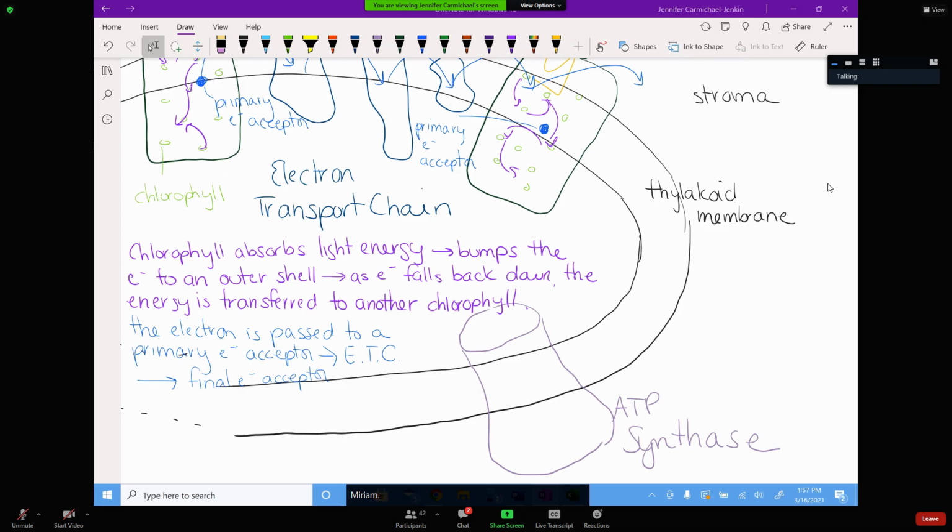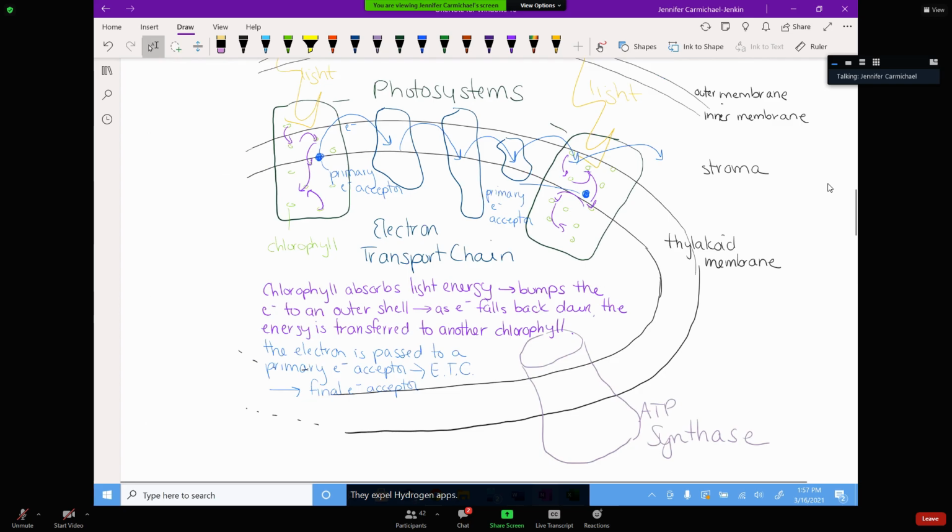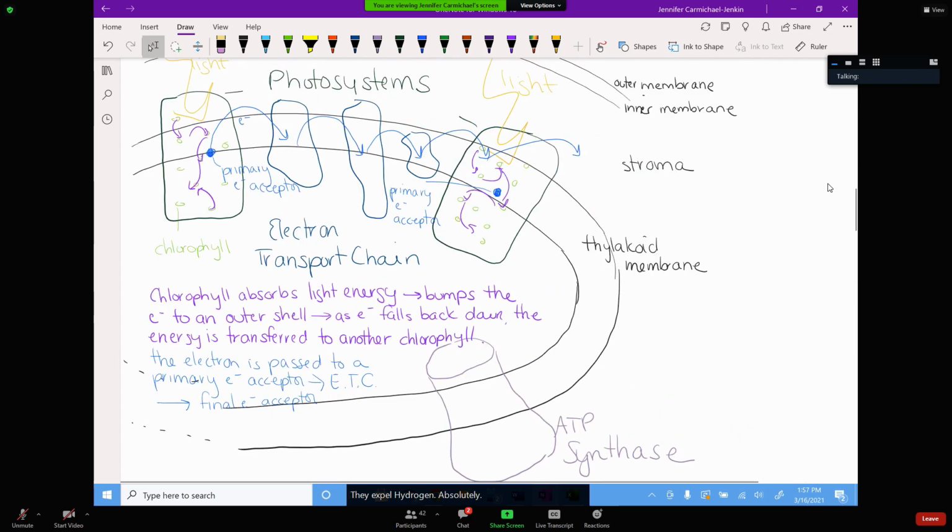Miriam? They expel hydrogen. Absolutely. So hopefully you gave yourself more room on your drawing than I did. That's why I still wish I had a big board here. So H pluses are going to accumulate inside the thylakoid. We've trapped them.